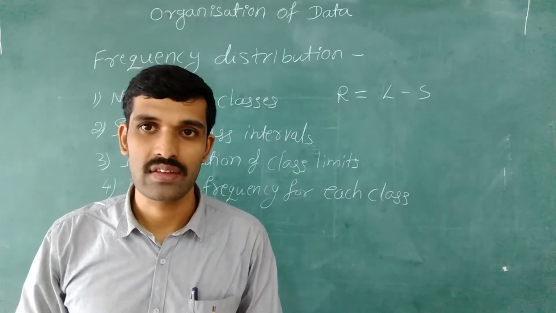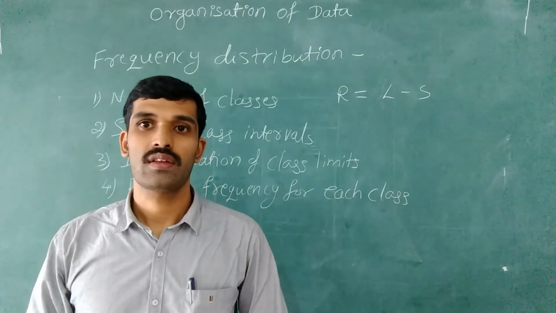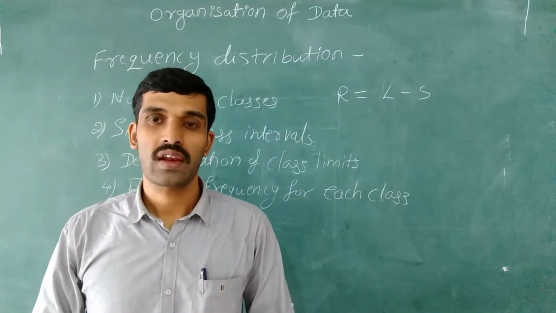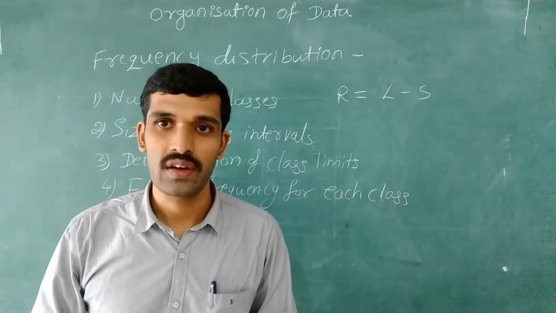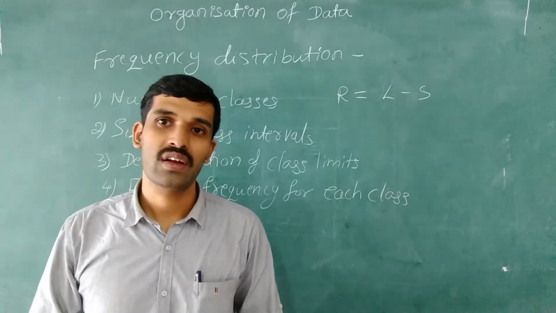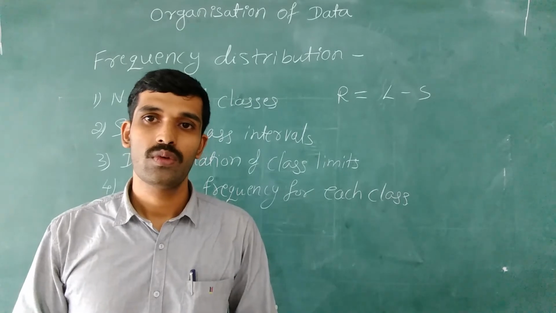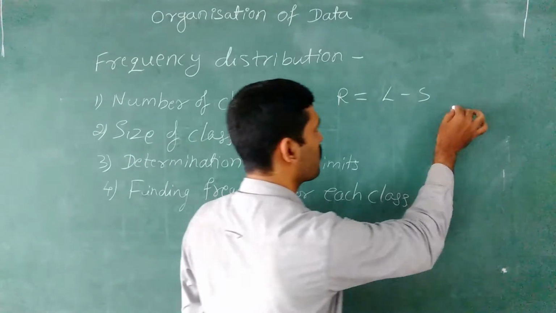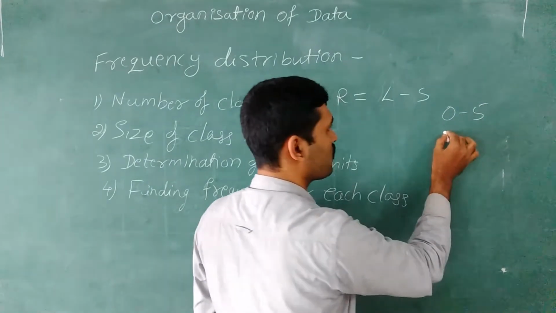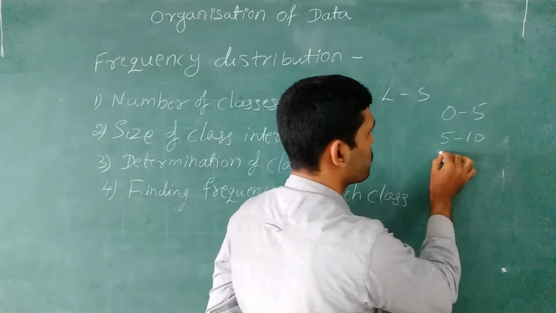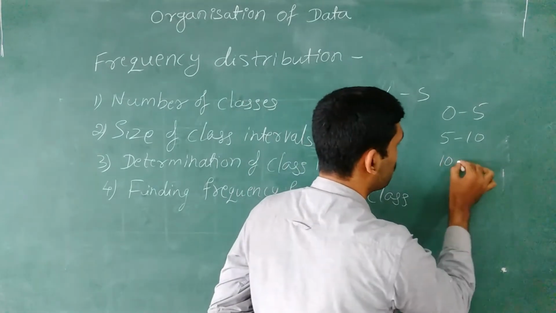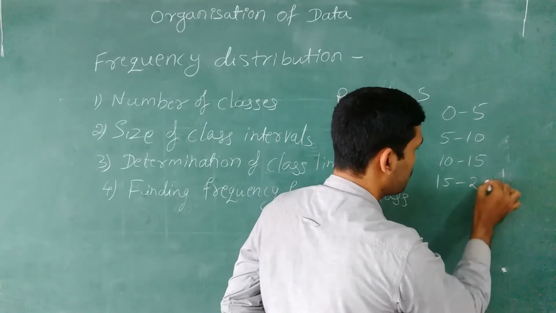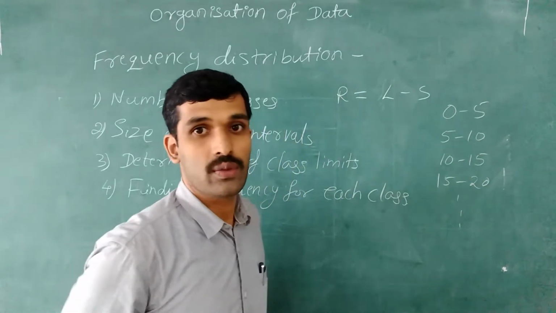When the value of the range is given, we can decide the class intervals. In this case, the range is 0 to 100. Then we can make class intervals of 5. If we make class interval 5: 0 to 5, 5 to 10, 10 to 15, 15 to 20, likewise we need to continue.